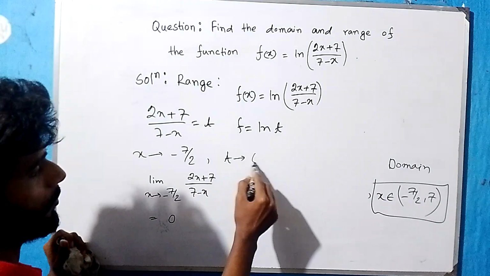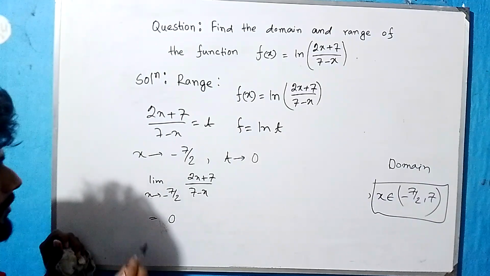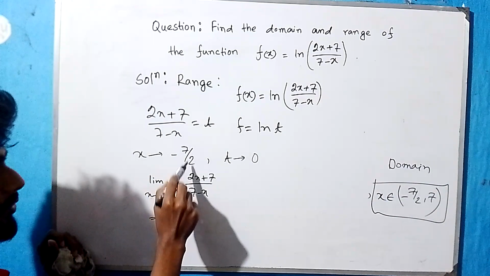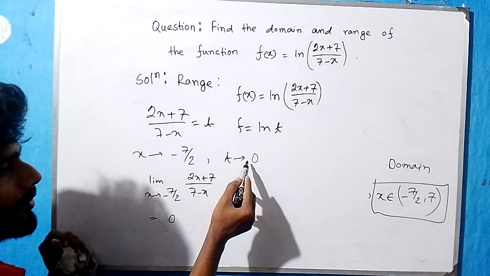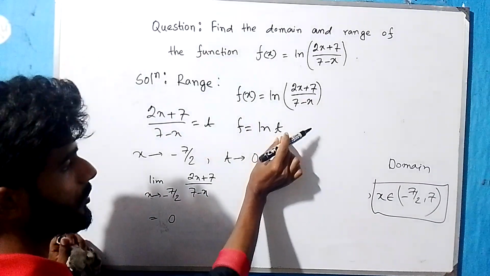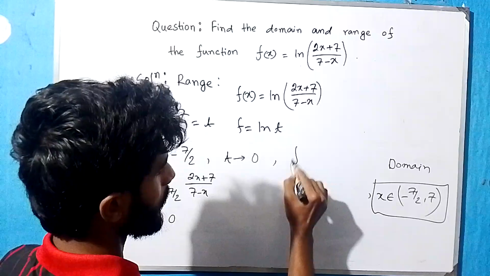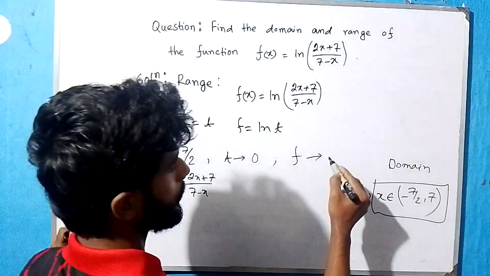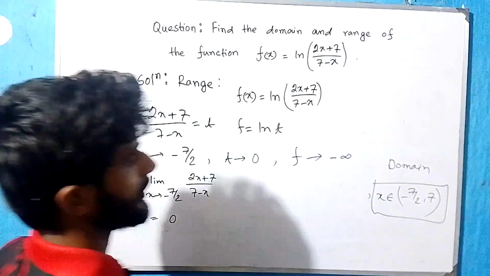So t moves to 0 when x moves to negative 7 by 2, and if t moves to 0, then f moves to what? F moves to negative infinite, right?